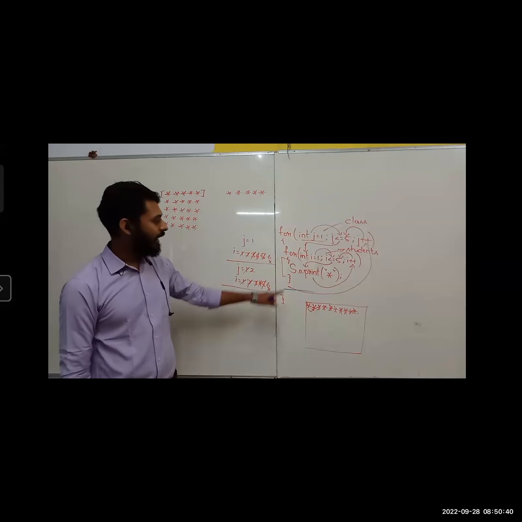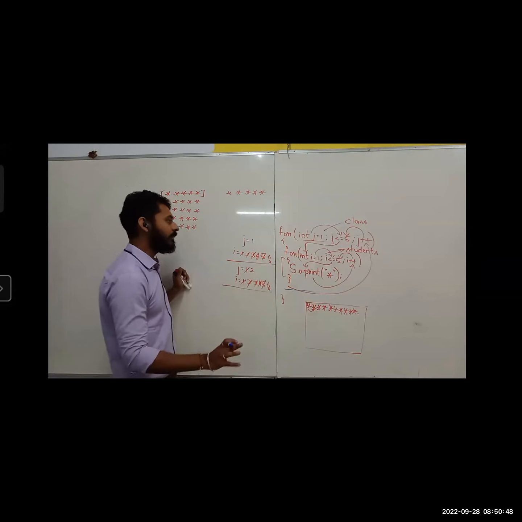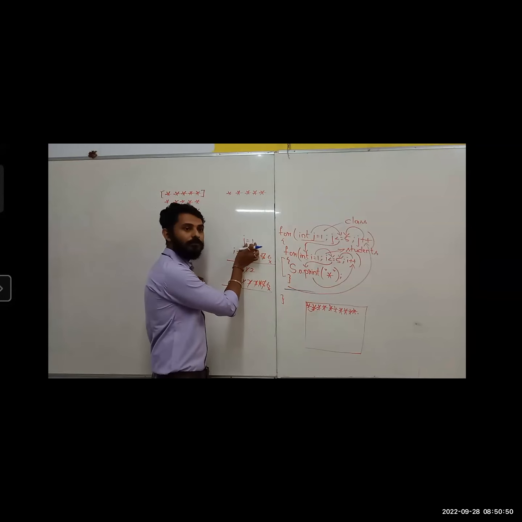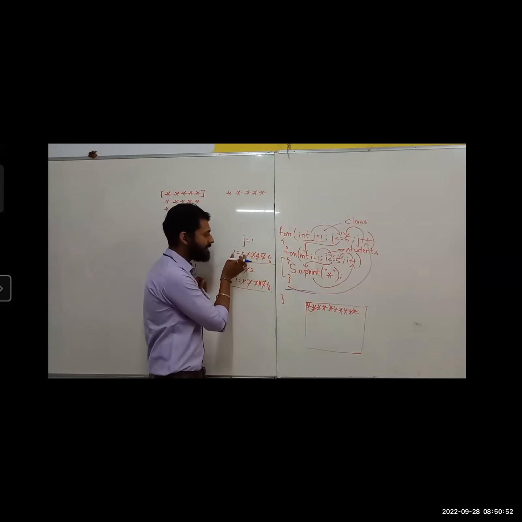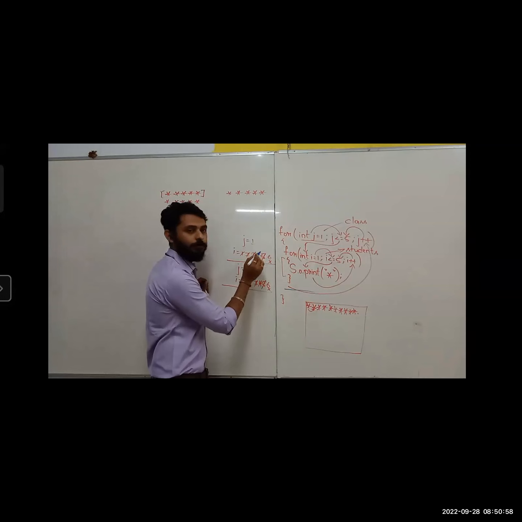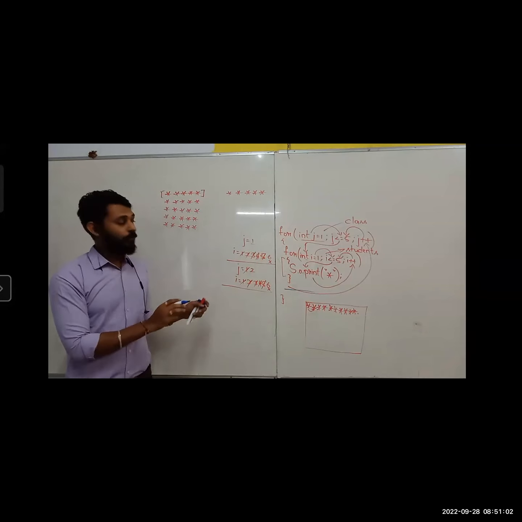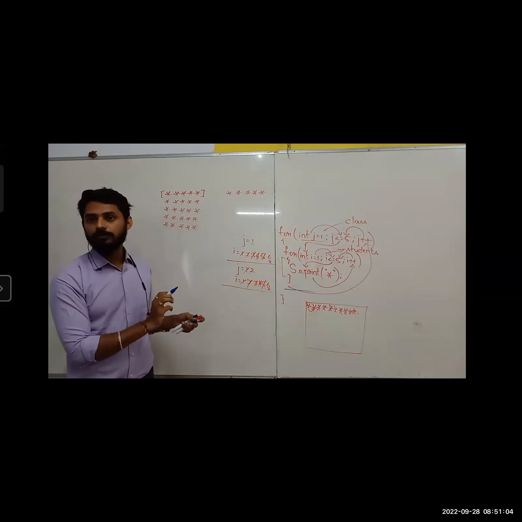Clear? If I write it here, then what will it do? I'm not asking you how many times. Simple thing: for each value of j and for each value of i, it will print. Don't tell 25 times. When the j value is 1, inside j there is the i for loop. So for all the values of i also, it will execute.